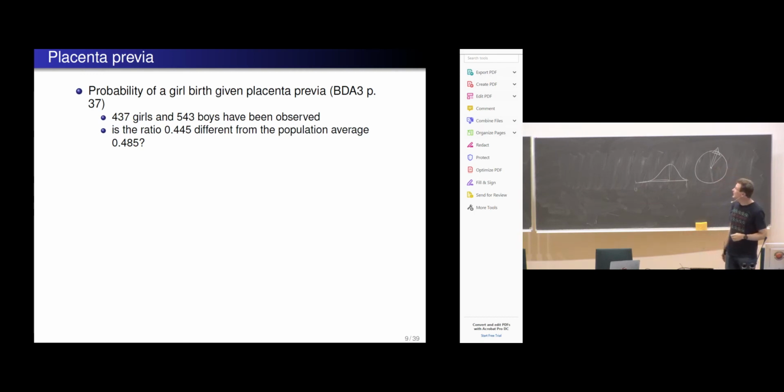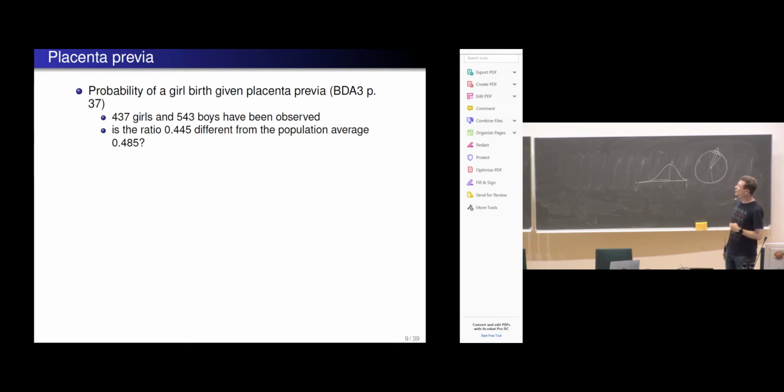For you, it's easier than with the computers. And also in your assignment you have this week this binomial example, which is also in the book. Just now, a little bit more than 400 and 500 girls and boys, and we get the ratio 0.445.